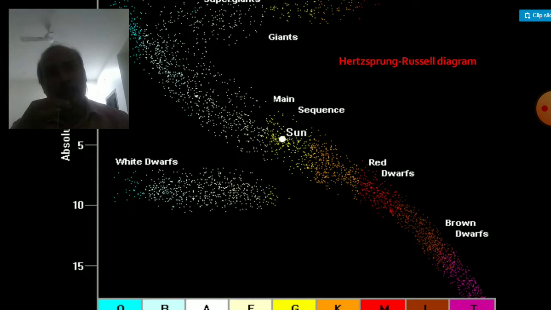The HR diagram is a main tool in astrophysics to understand the properties of stars like surface temperature, mass of the star, luminosity, brightness and evolution of the stars. All these things we should understand based on the HR diagram.